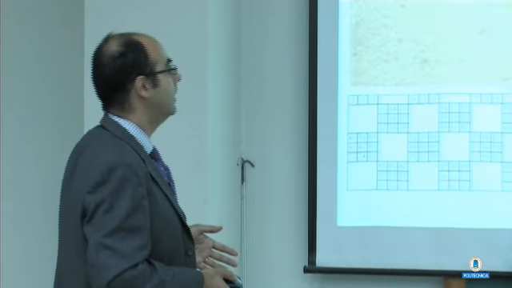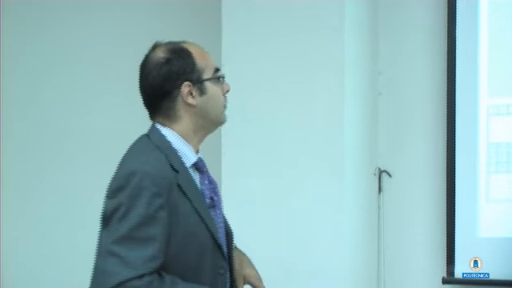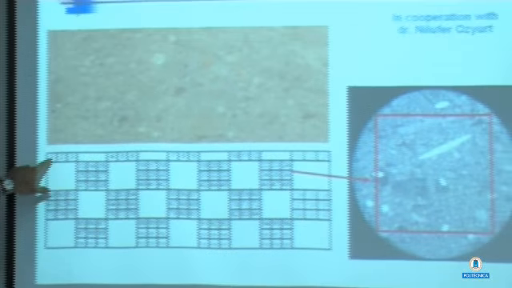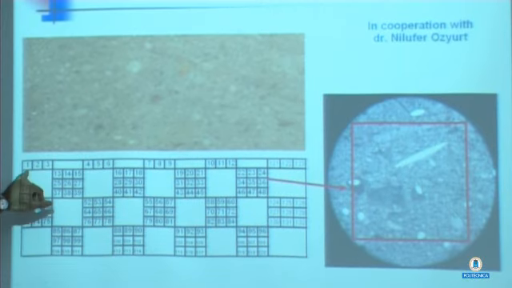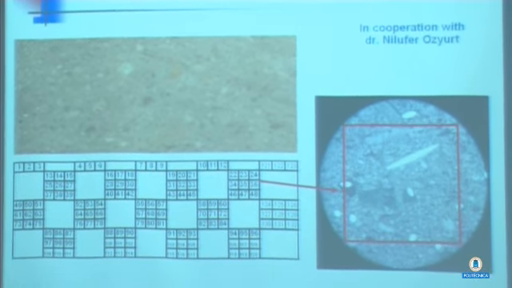And we checked this with a very detailed analysis. Actually, this analysis was performed at Boğaziçi University in Istanbul in cooperation with Dr. Özgürt, who spent some time with us at Politecnico. This is the cross-section of one of the specimens, and we divided it into a network of cells. These were 3 millimeters by 3 millimeters, and some micrographs were taken.